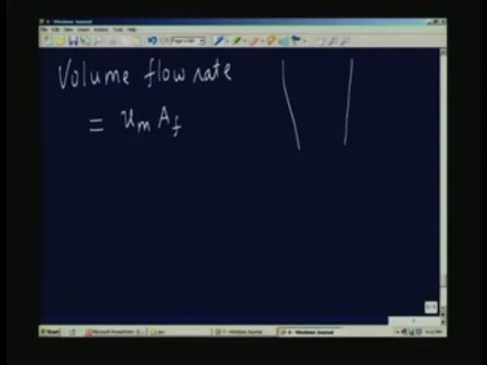Suppose we have a taper tube here and I have a bob like this, whose diameter is D, and the area available between here and here.